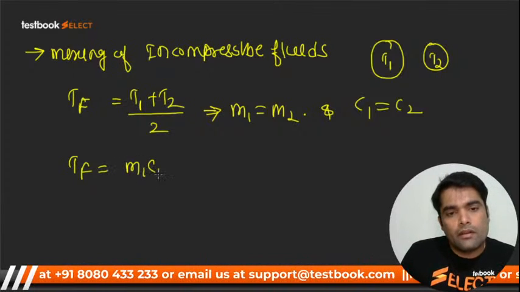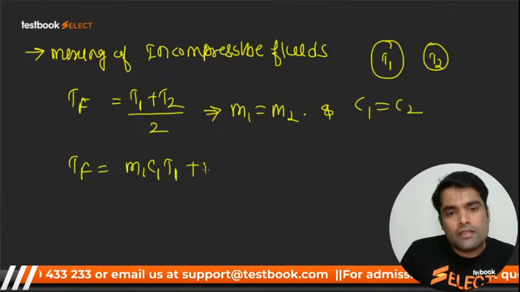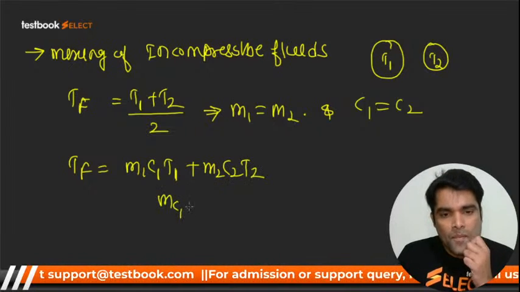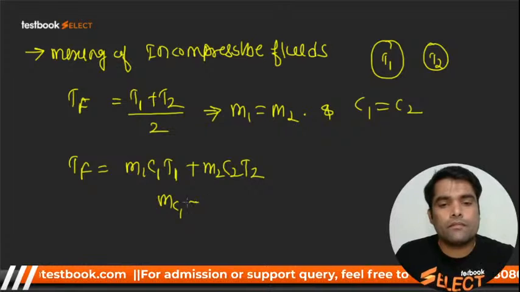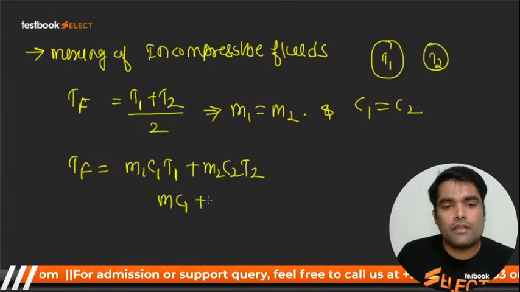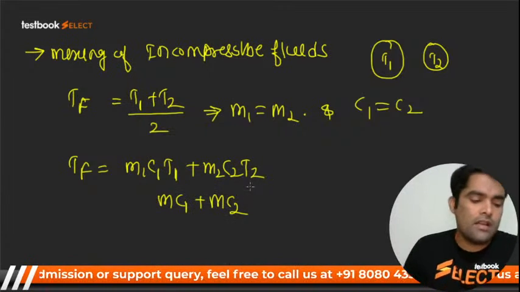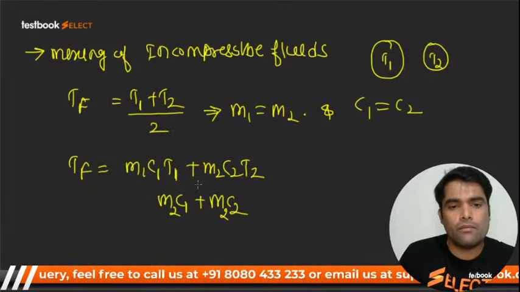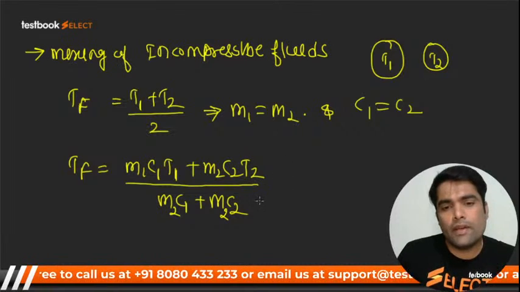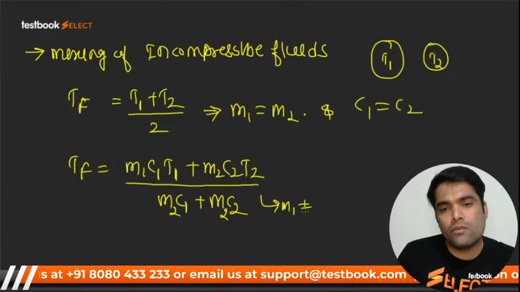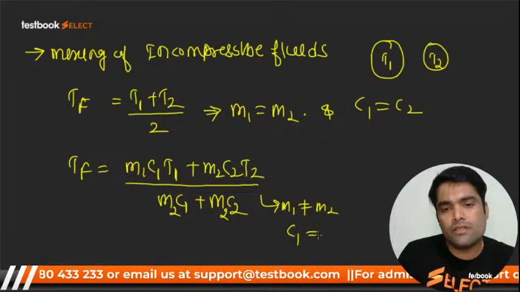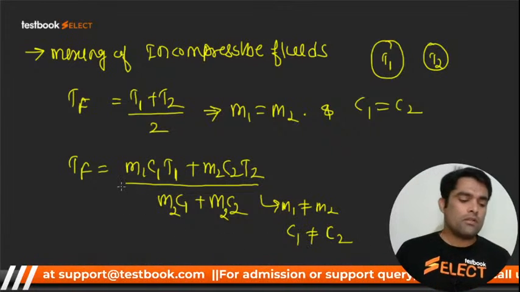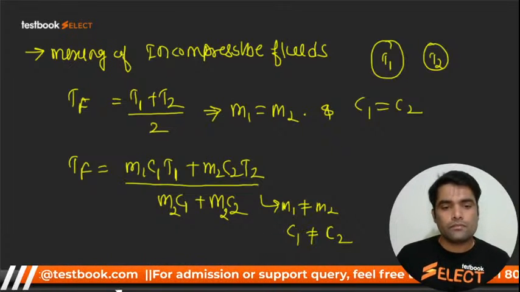M1 C1 T1 plus M2 C2 T2 divided by M1 C1 plus M2 C2, right? I hope you got it. It is when M1 is not equal to M2 and C1 is not equal to C2. Remember, okay? This is all about the final temperature, right?